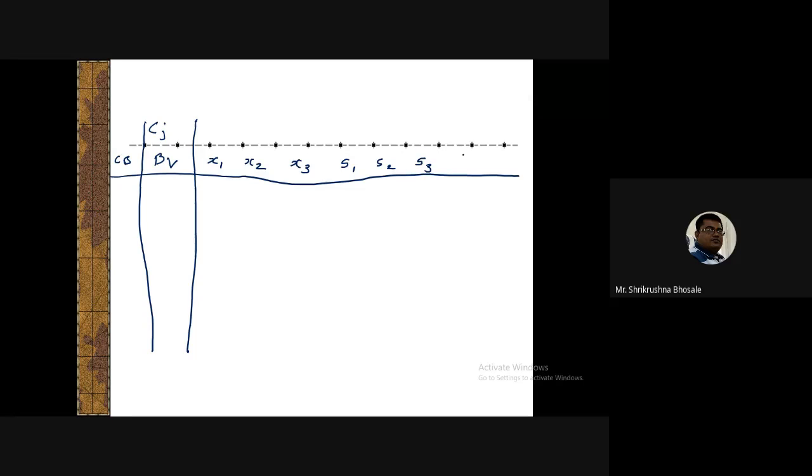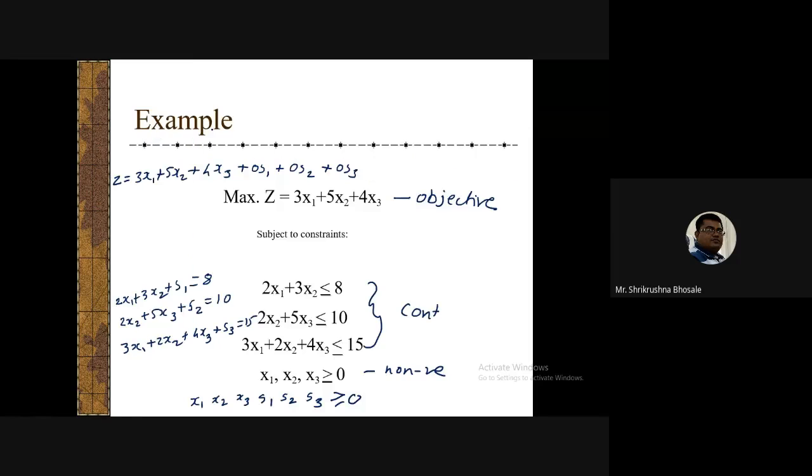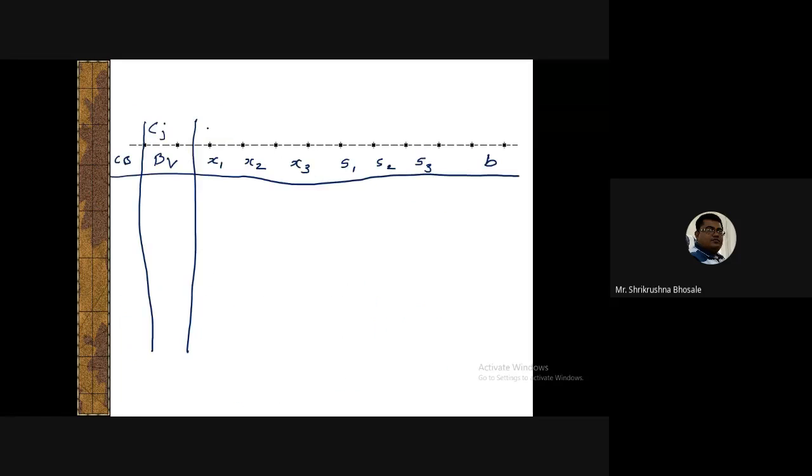Okay, and then the b value. Then the z equation. What is the z equation we have? 3, 5, 4. Then 0, 0, 0. Then basic variables s1, s2, s3, at the initial condition 0, 0, 0 will be there.